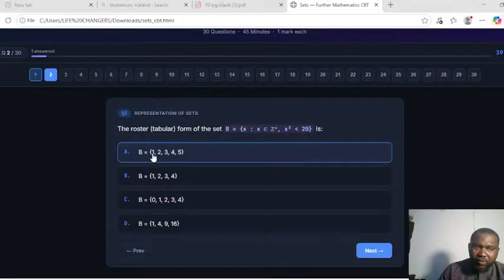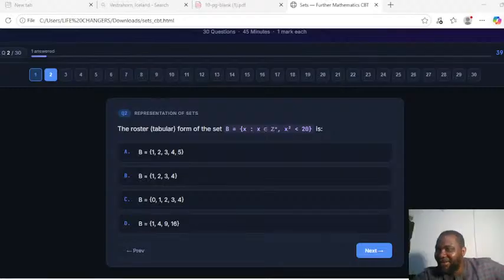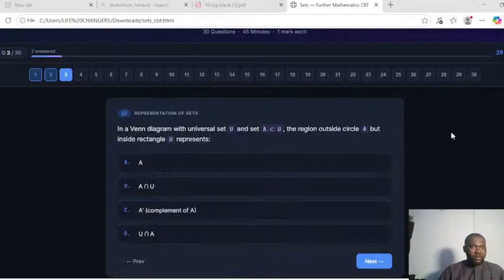Let's see A. 1 squared is 1. 2 squared is 4. 3 squared is 9. 4 squared is 16. 5 squared is 25. This one is wrong because 5 squared is 25, and 25 is not less than 20. The condition is that the square of that value must be less than 20. Before I continue, do you guys understand that? Okay, everybody's saying B. So B is correct.